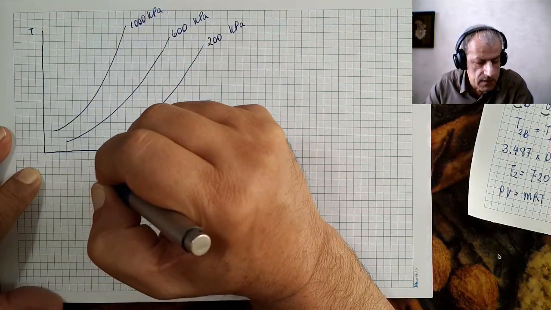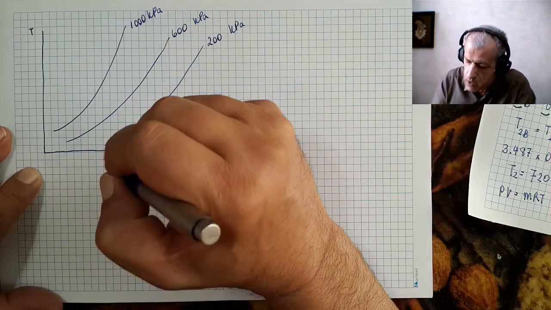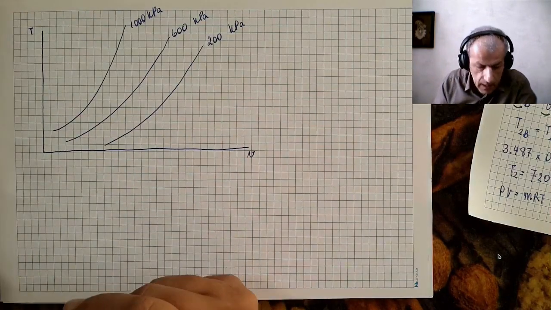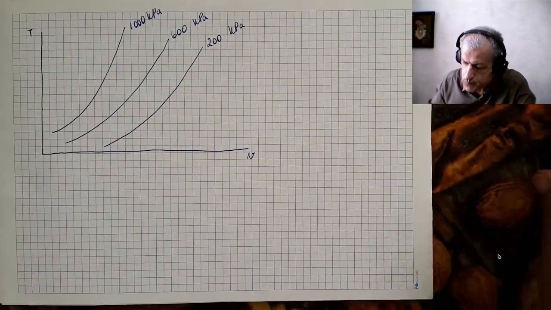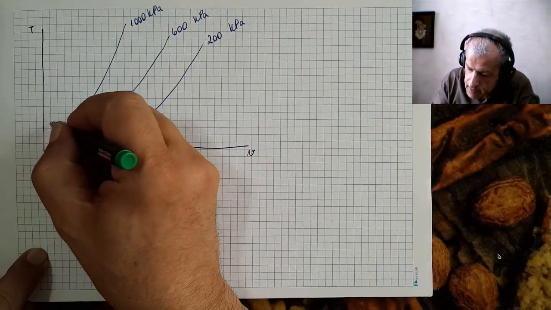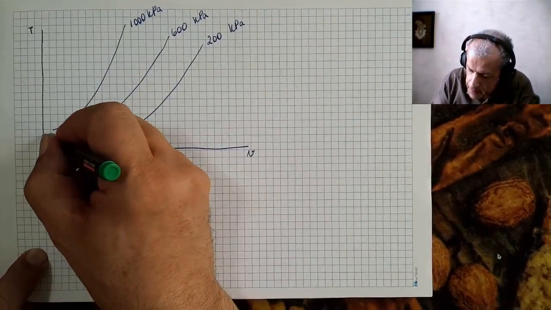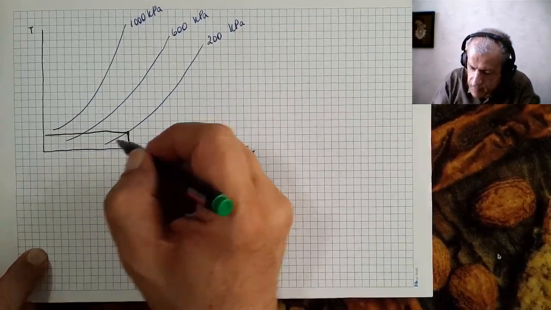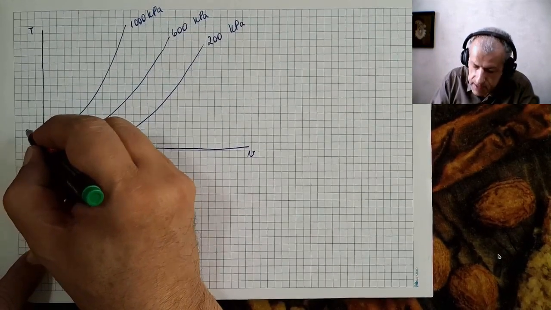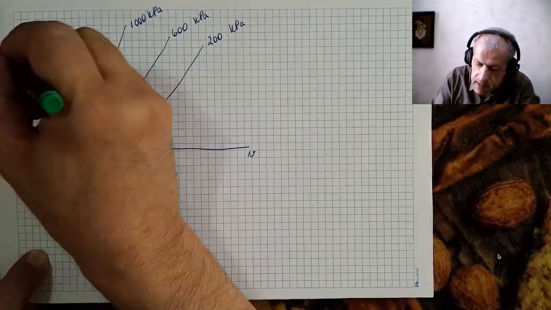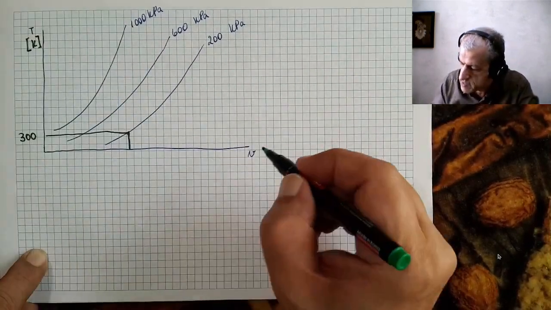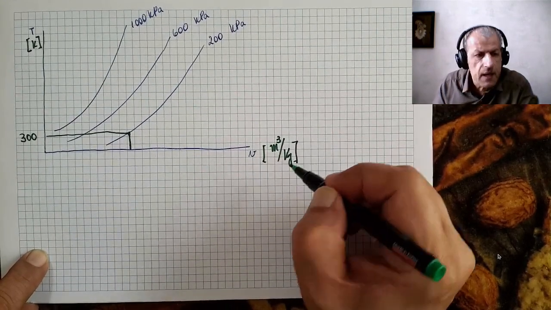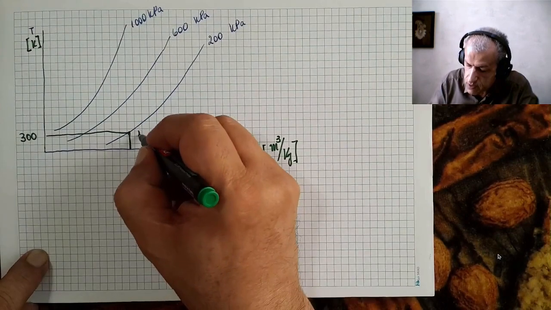Initially, A was at 300 kelvins and 200 kilopascals, so it would be a point like this one. This would be A, and I would write dimensions here, and this is a specific volume, which is cubic meters per kilogram, and that would be point A.